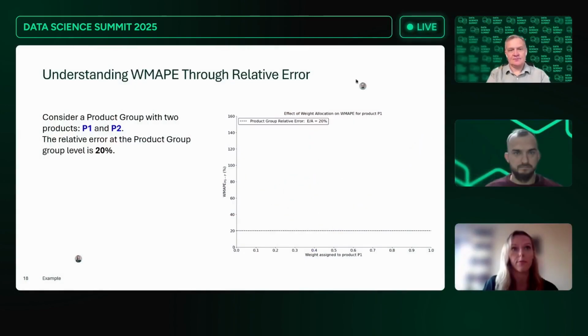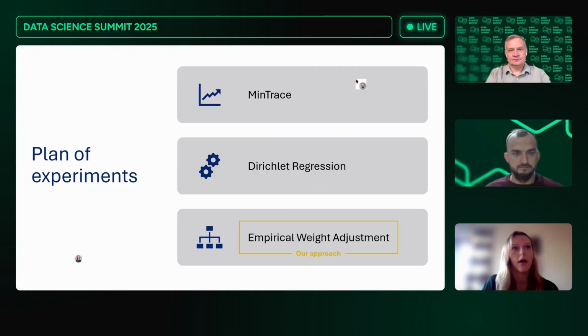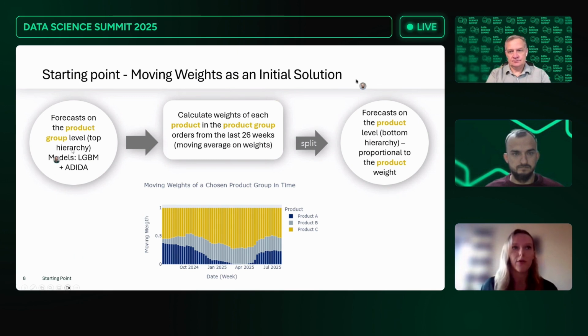What forecasting methods were used? Only MA? What about ARIMA or other methods? Okay, so first, if it comes to the product group, models that are used are LightGBM and ADIDA for intermittent time series.